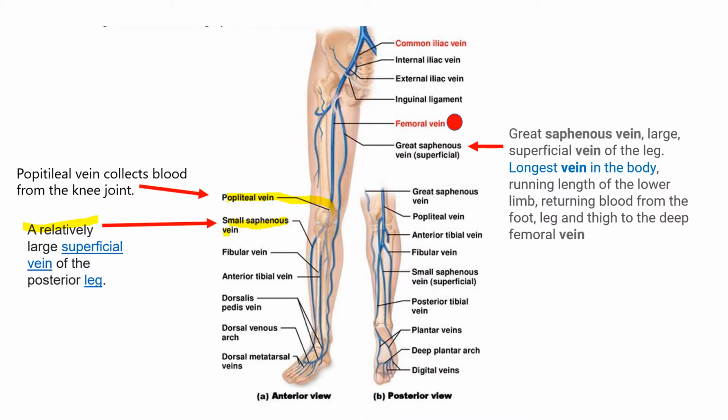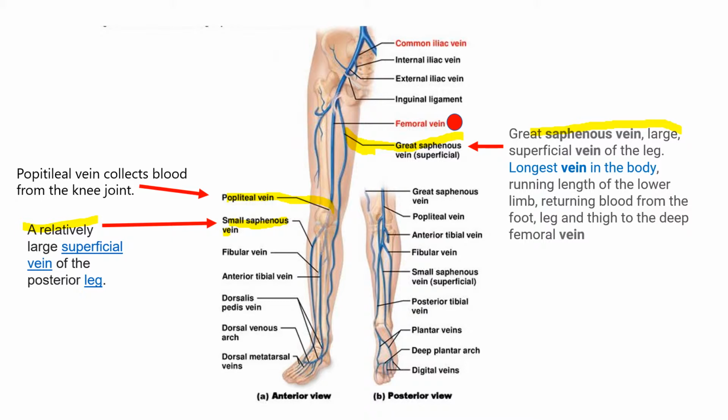And then here we have the great saphenous vein. Again, a large one, right here. See it right there. A superficial vein of the leg, the longest vein in the body. So know that.